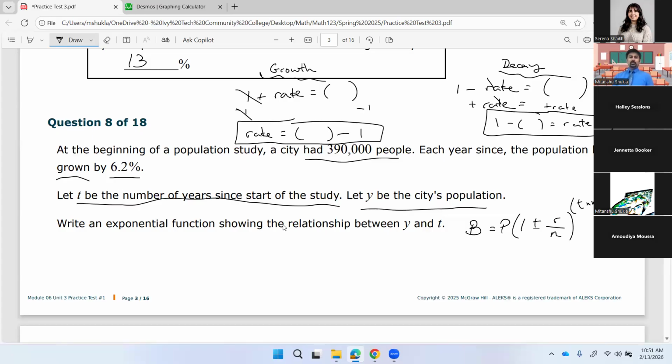My principal is always the beginning amount. What is my beginning amount here? 390,000. My rate, do I have a rate?